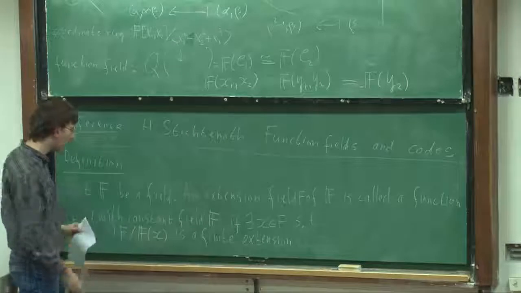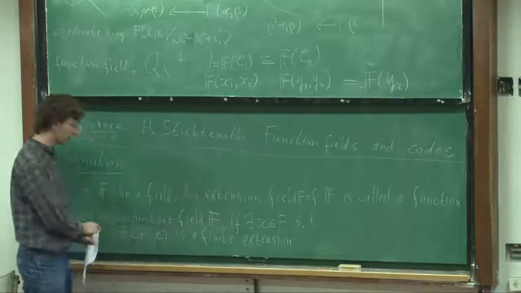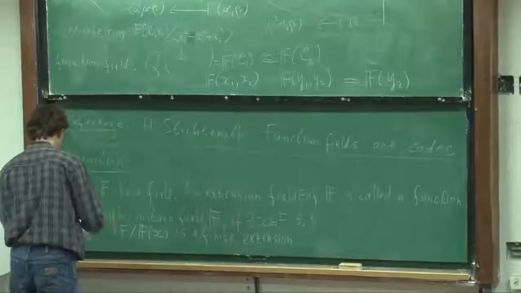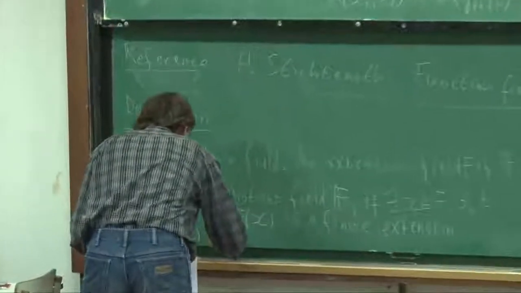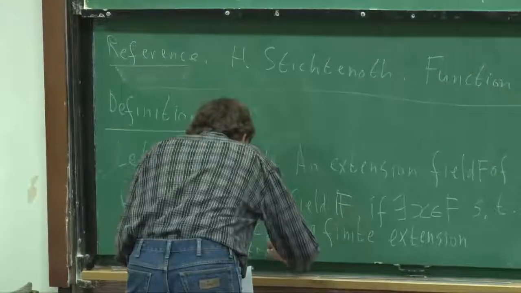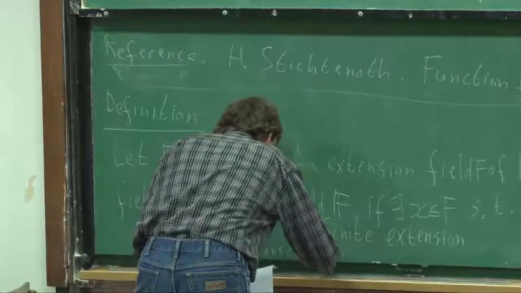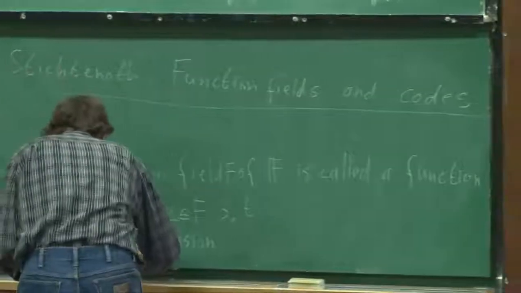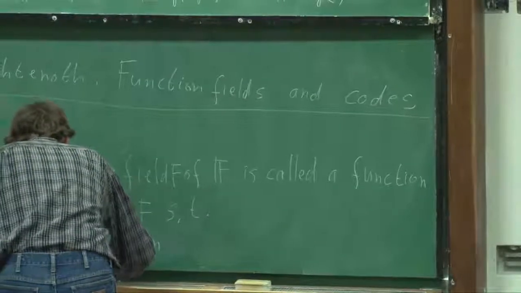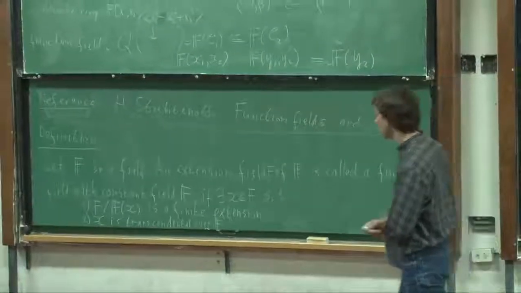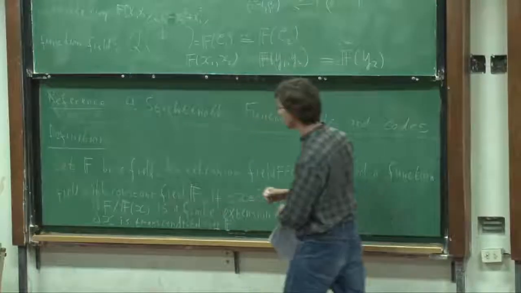The only thing that could go wrong is that this x is actually algebraic over this other field f. And so that is the second condition. Two, this x is transcendental over the field of constants. So those two conditions capture the essence of what is going on.